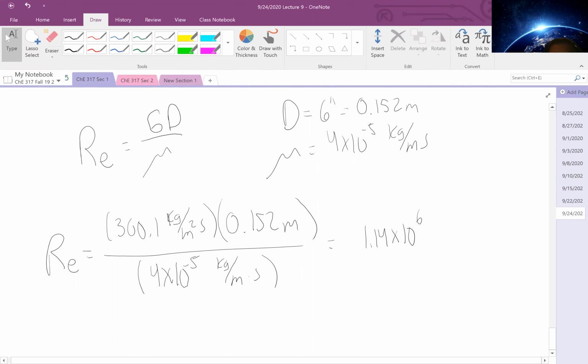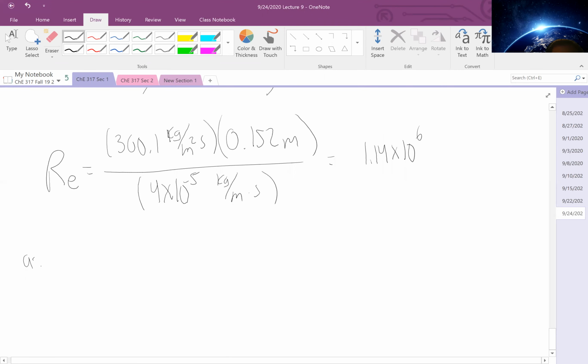If we assume that we're going to use stainless steel, our K value is 0.00015 feet, which in meters is approximately 4.57 times 10 to the negative fifth meters.